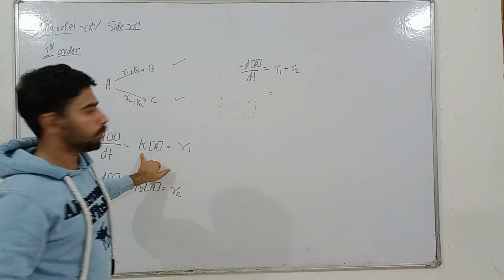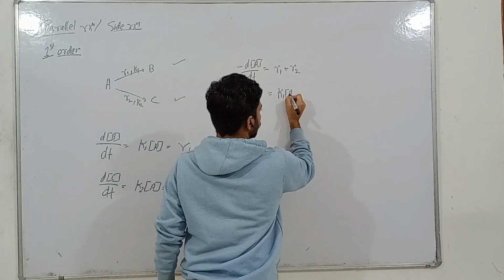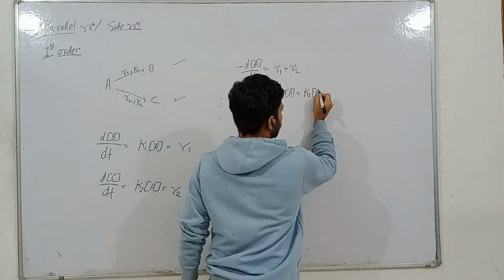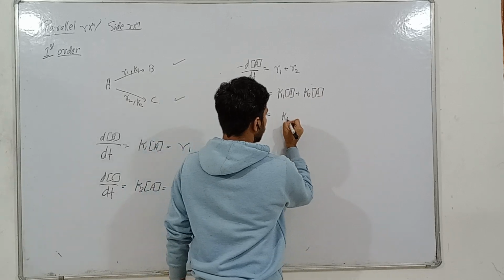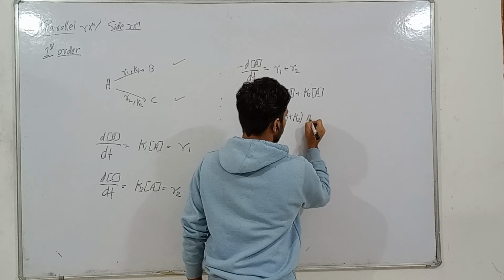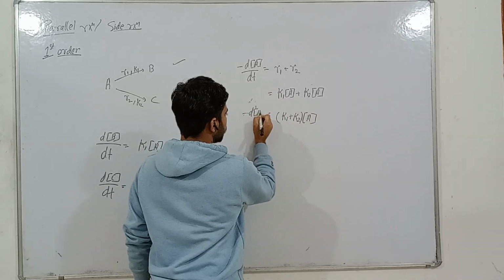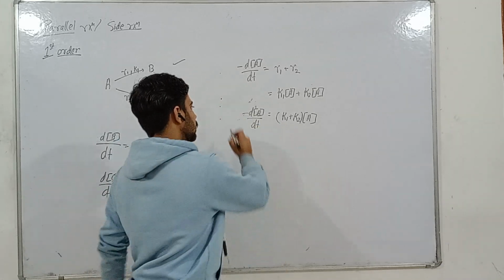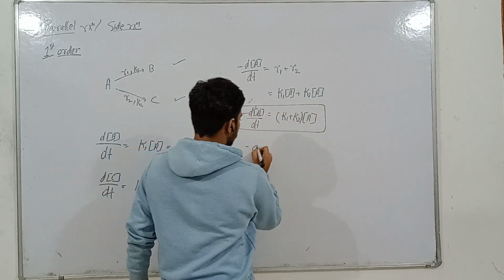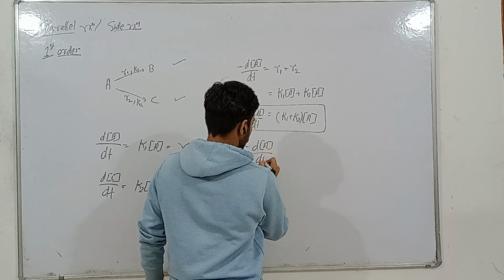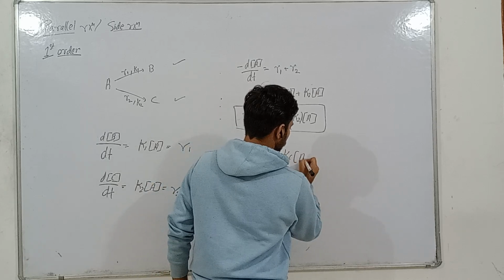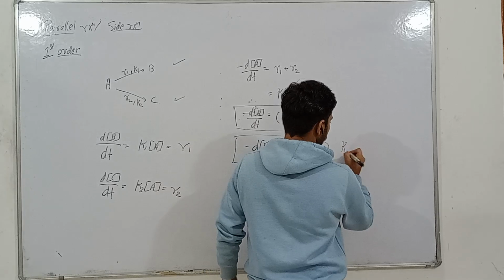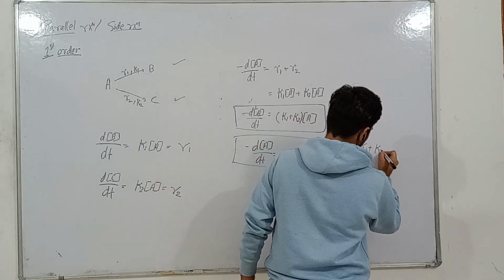Here R1 equals K1 into A, and R2 equals K2 into A. That is K1 plus K2 into A. That is the rate of disappearance of A, so minus dA by dt equals K1 plus K2 into A. Here we can say minus dA by dt equals Kf into A. That is also a first order reaction, where Kf is equal to K1 plus K2.